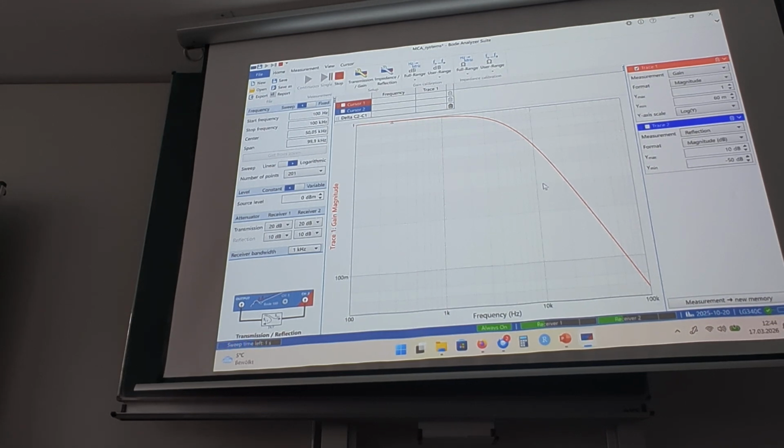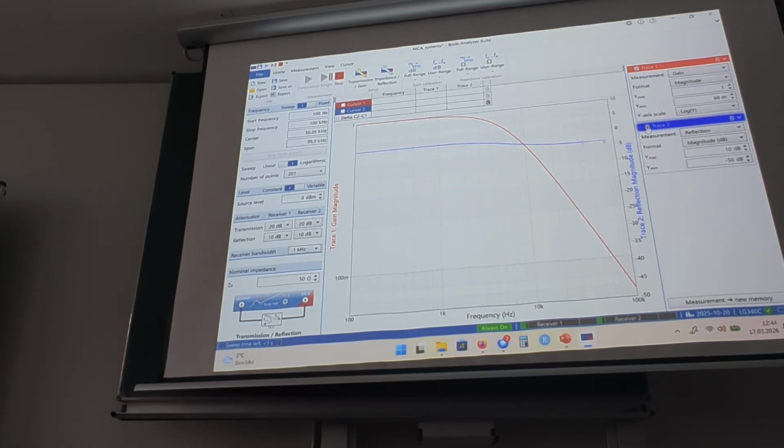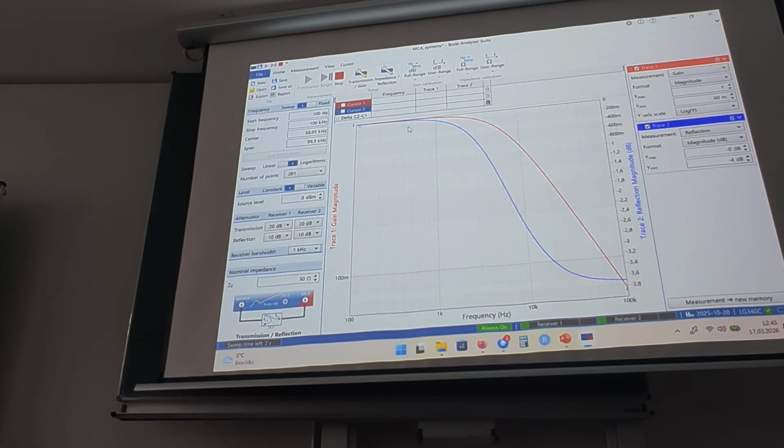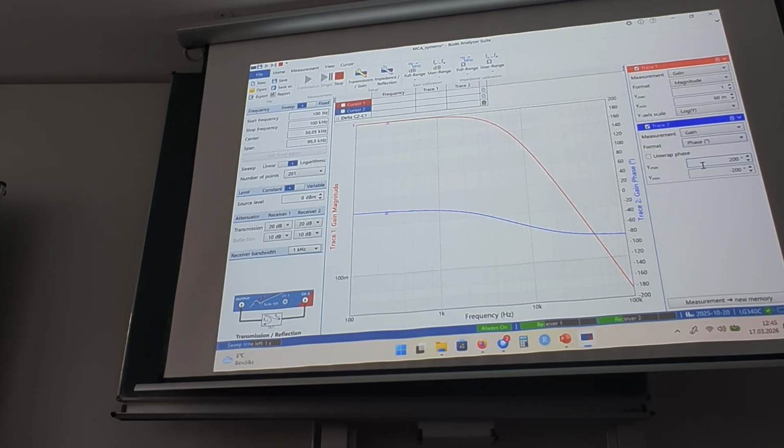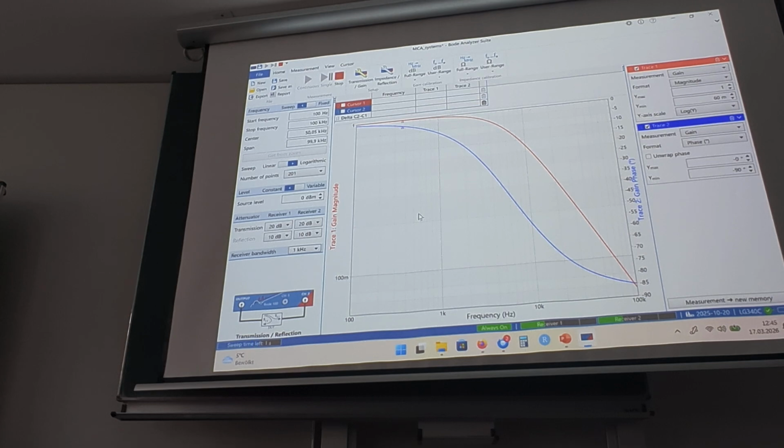You can also watch the phase in blue. Let's optimize this. In blue, and the phase axis is here on the right side. No, this is something completely different. We need gain phase. Okay, now again optimize. Now it's the phase.